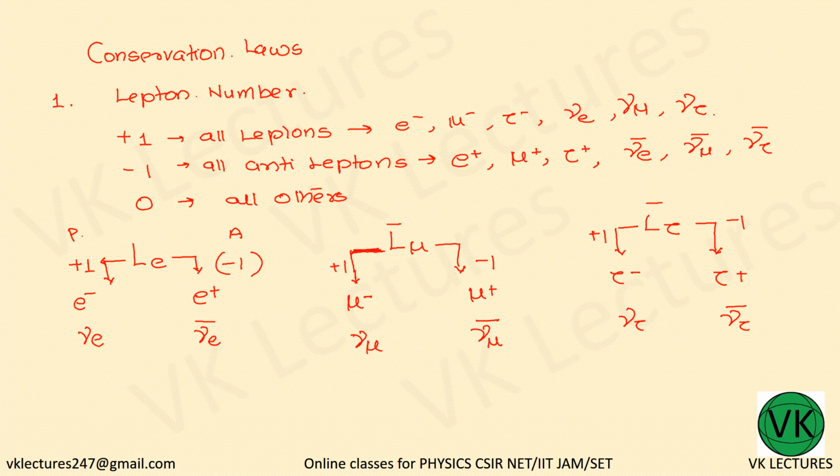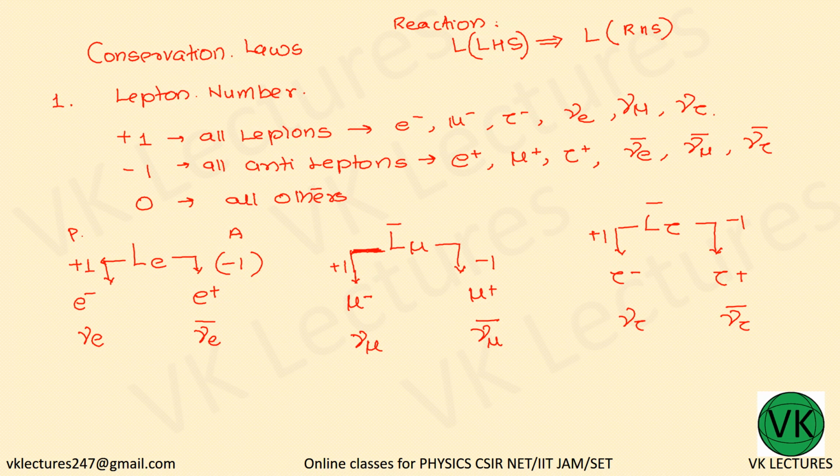So this is conservation of lepton number, and for any reaction, the lepton number on the LHS, that means the left hand side, should be equal to the lepton number on the RHS.